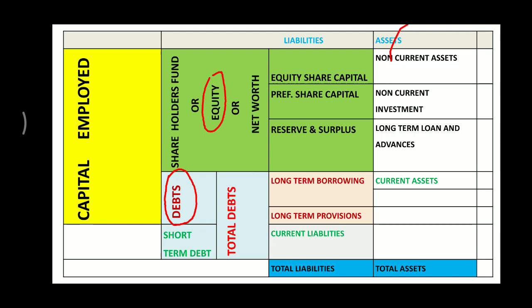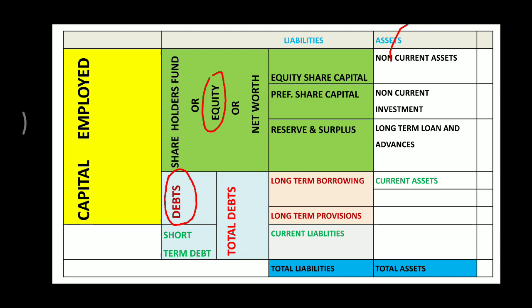Now we will start bifurcating the various heads by adding or deducting, and we will see how we get the different terms. The terms that we will be getting are from the liabilities side, what we call the liabilities approach. We are calculating a few of the terms by using the accounts of the liabilities side.